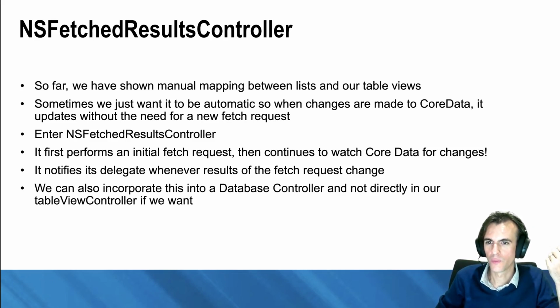So what you do is you set up an initial fetch, like you would if you were fetching data through the managed object context, and you give it to NSFetchedResultsController. It performs that initial fetch, but then it watches Core Data. And if the results of that fetch would change, so let's say you perform the fetch at the beginning, there's 3 objects, then another one that matches that fetch is added to the database.